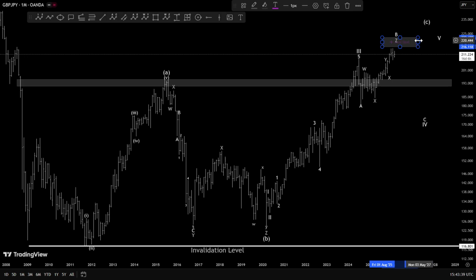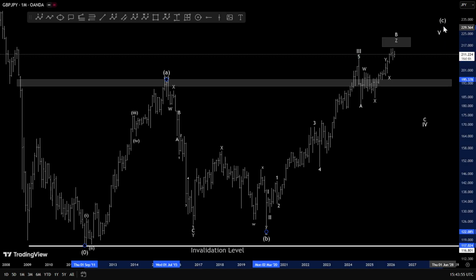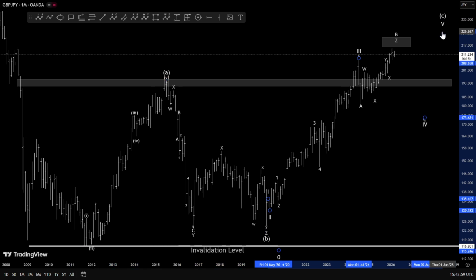Once we get inside this box, we should be expecting a downtrend, right? Which means we are not quite done with wave C and wave 5 subwave. We are still in wave 4, so after this we are expecting a downtrend to complete this structure.